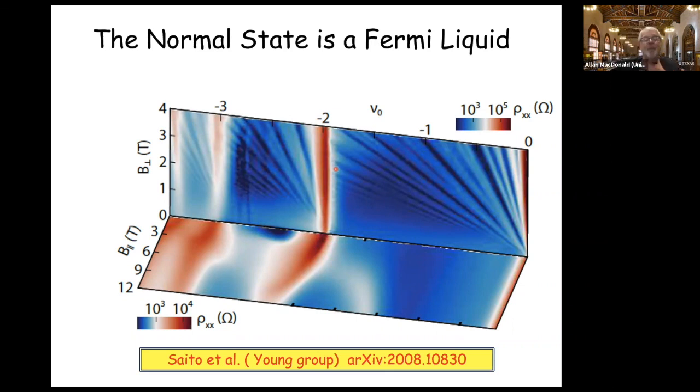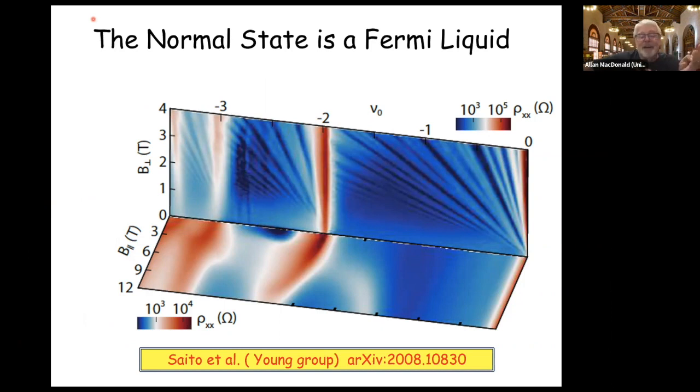Okay, so this is one typical type of experimental data you get on bilayer graphene. This particular data is from Andrea Young's group, but similar data has been obtained by all of the other groups active in this area.